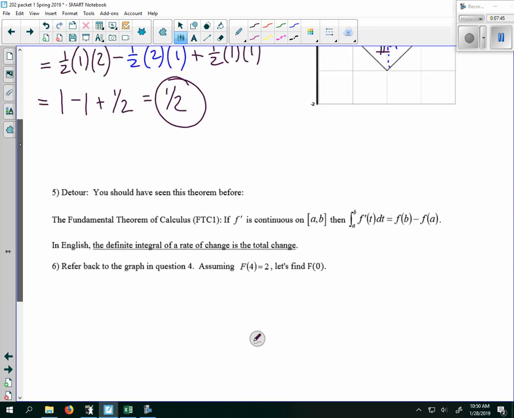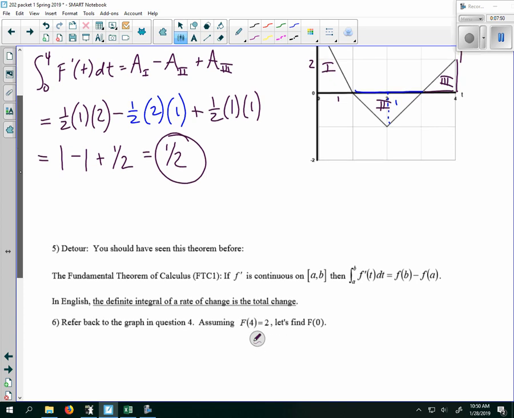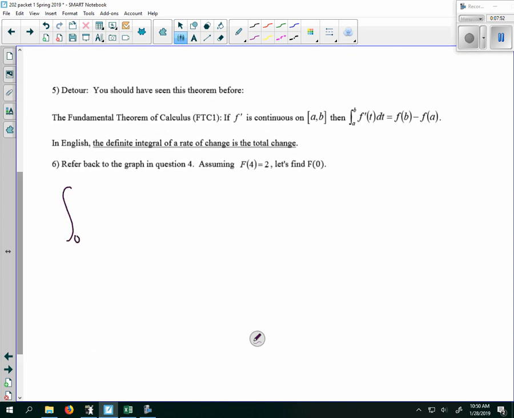So the graph in question 4, I calculated an integral from 0 to 4. I know that the integral from 0 to 4 of f prime of t dt, according to the fundamental theorem, should be f of 4 minus f of 0. Right, the antiderivative, I dropped the prime.